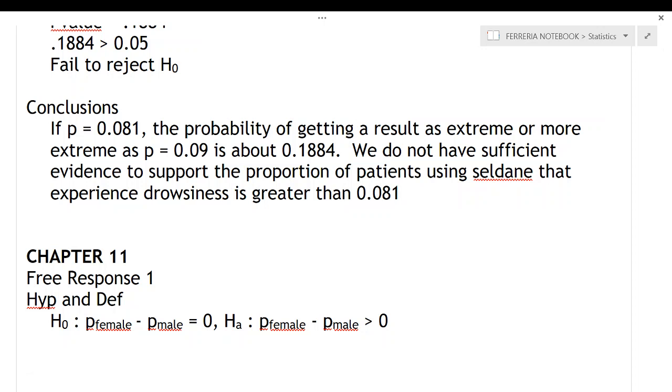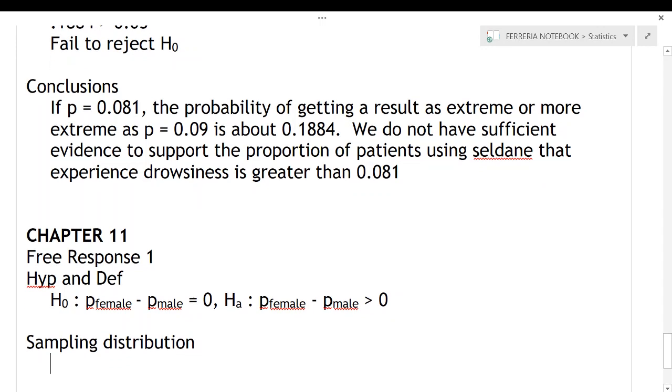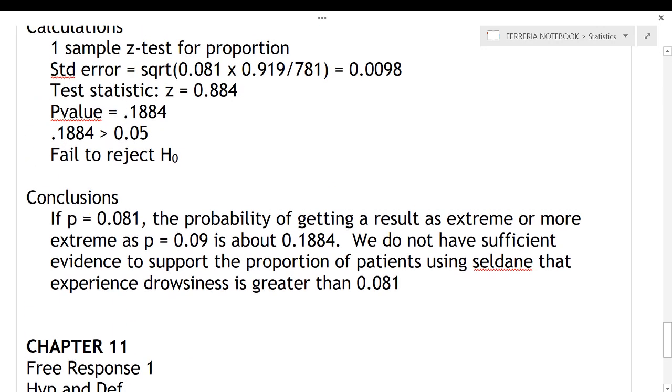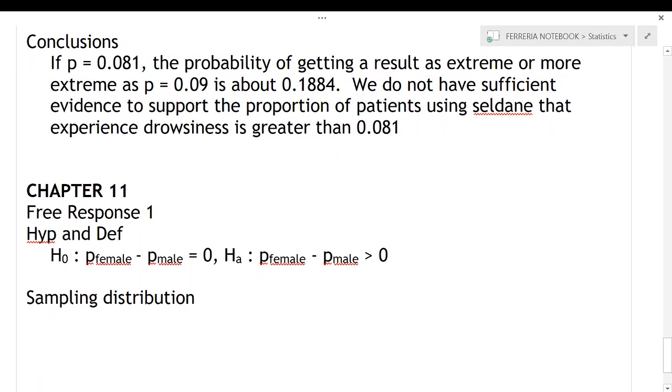Let's do our sampling distribution. Am I crazy? We are supposed to put standard error here, aren't we? Because otherwise you wouldn't really be able to. Standard error is going to be equal to... Okay, so for proportions, we're going to need P C, right? P C is going to be equal to the total number of respondents who say yes.